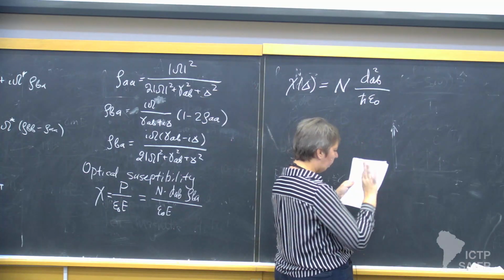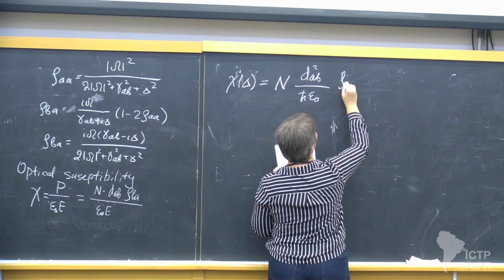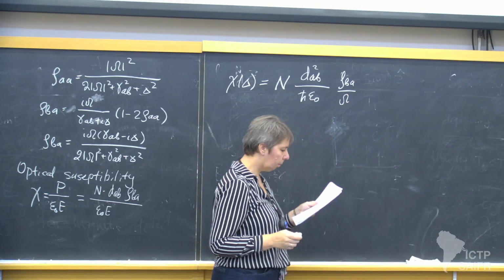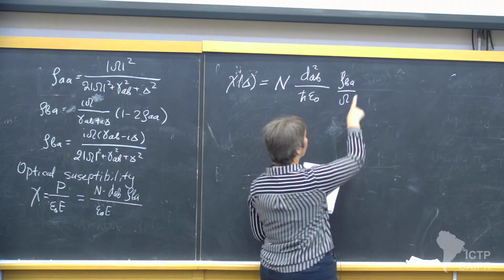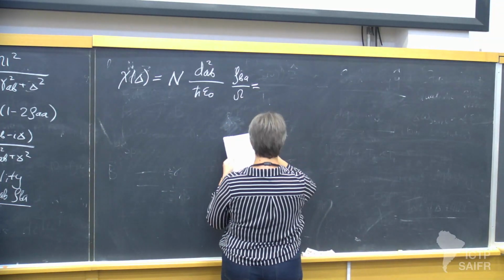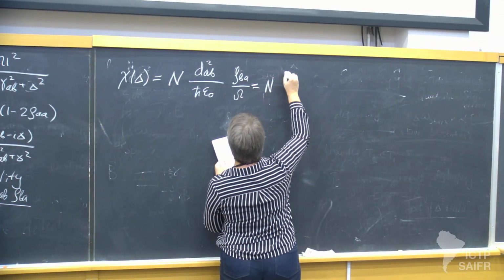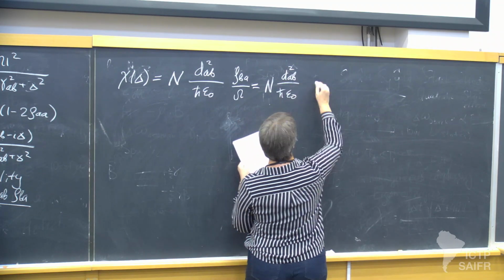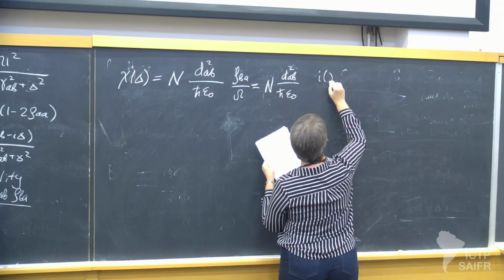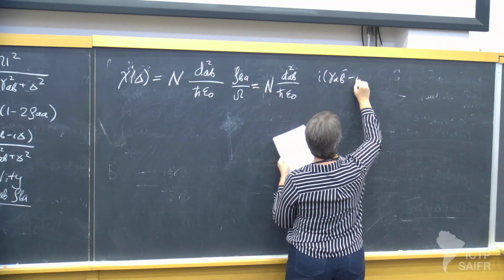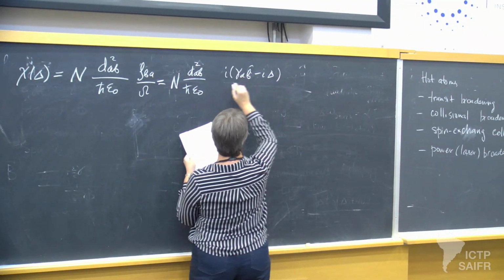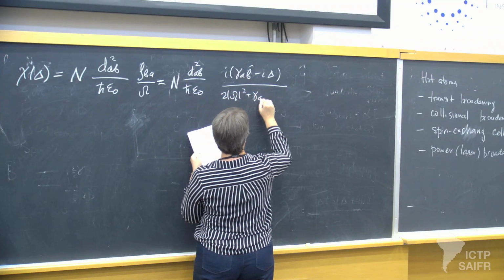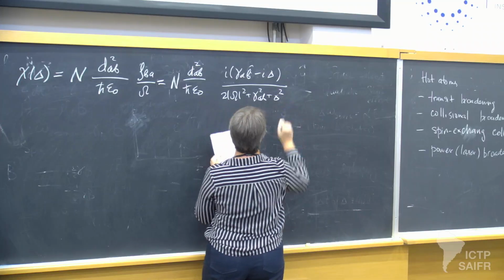So these are the parameters which are given by nature, times rho BA divided by the Rabi frequency. And if we put in the actual value which we have over there, we will have n D_AB squared over h epsilon naught, times i gamma AB minus i delta, over 2 omega squared plus gamma AB squared plus delta squared.